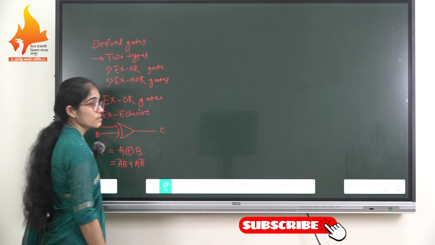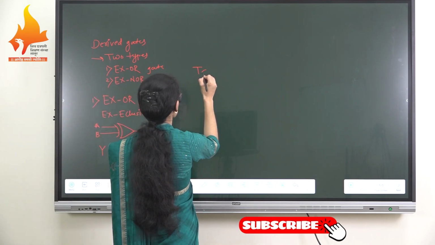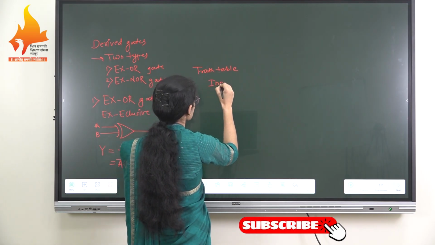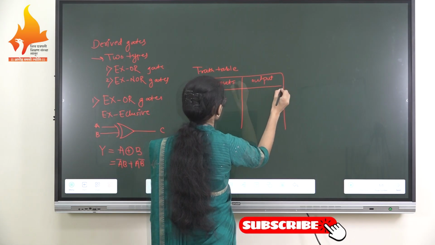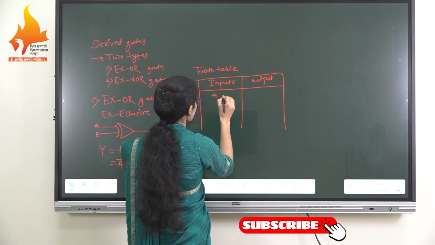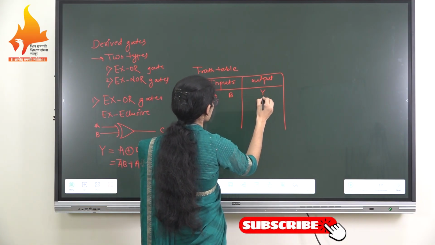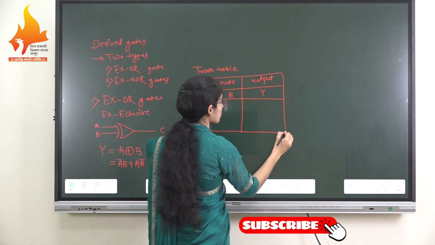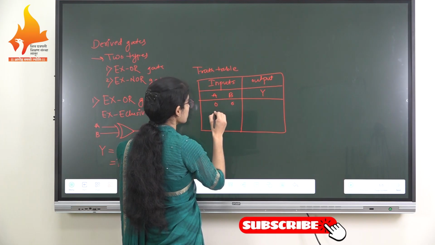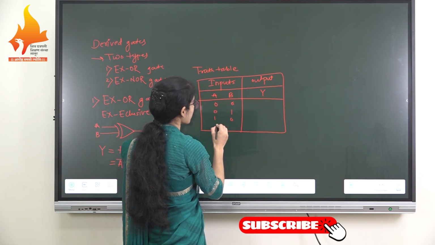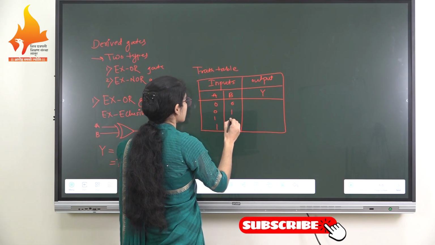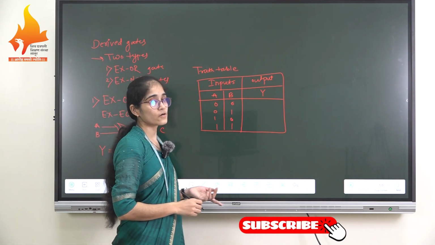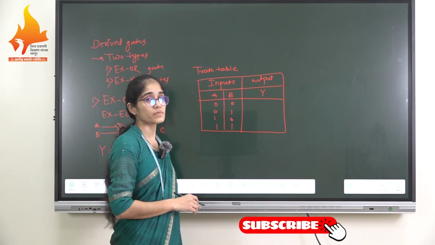Now we will see the truth table for the XOR gate. Here it consists of an inputs and output section. Inputs are A and B and output is Y. Now A and B have combinations 00, 01, 10 and 11. The property of the XOR gate is that it produces a high output only for odd combinations of input.